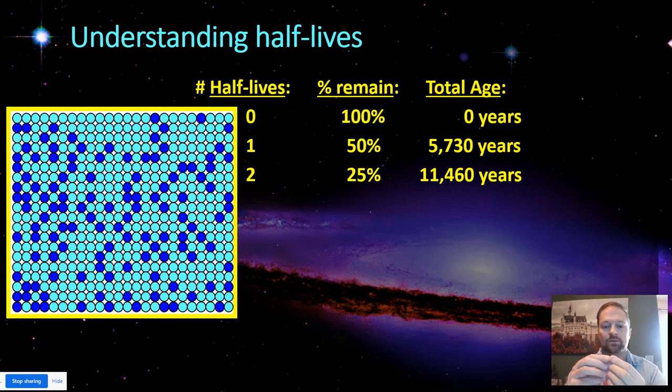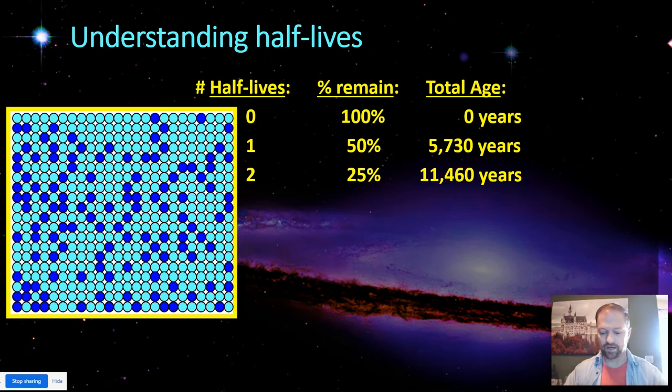If you were to have a sample of a tree that died a long, long time ago, and half of half, so 25%, is gone and changed, you know 2 half-lives have gone by, and you know, based on carbon-14's clock, that this sample of an old tree that died ages and ages ago is 11,460 years old. Okay? Now, 25% is at this time frame.